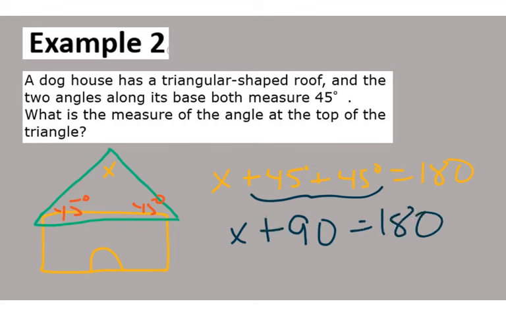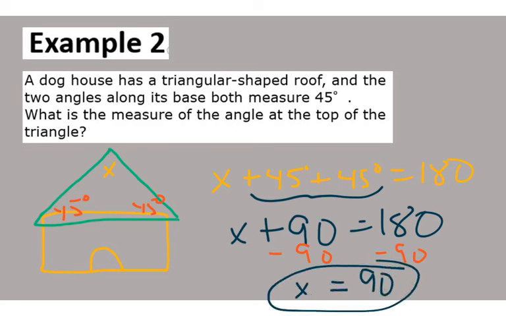So basically you need to subtract the 90 from 180, and your final answer is going to be x equals 90. So this triangle is made up of two 45 degree angles and one 90 degree angle.